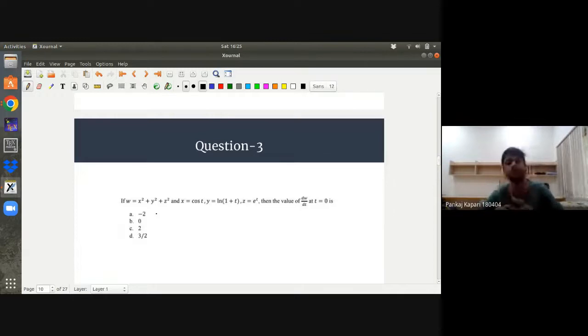In this particular problem, you can see that a function is given, which is w, and w is given as x squared plus y squared plus z squared. But further, x, y, and z are functions of t. So w is a function of x, y, and z, but x, y, and z are also functions of t.